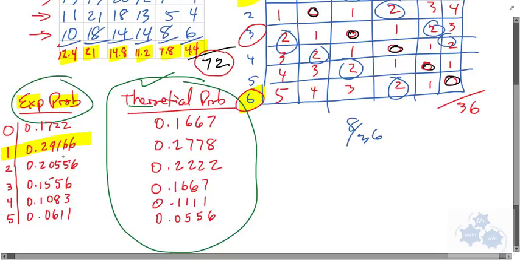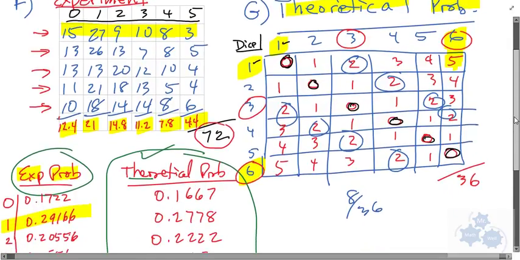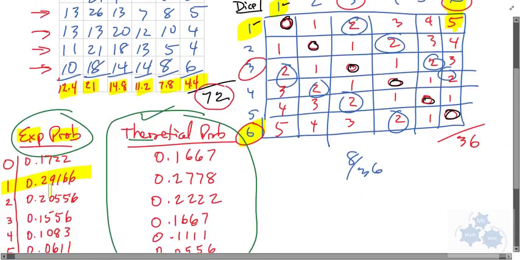Experimental probability is just that. It's based on experiment. Now, if we did one experiment, or even if I took one of these trials, do you see how these numbers here, 15, 27, 9, 10, 8, 3, are very different than the average? Very, very different. So if I just took 15 out of 72 and put my number down here, and 27 out of 72 with one trial, then these numbers would be drastically different.